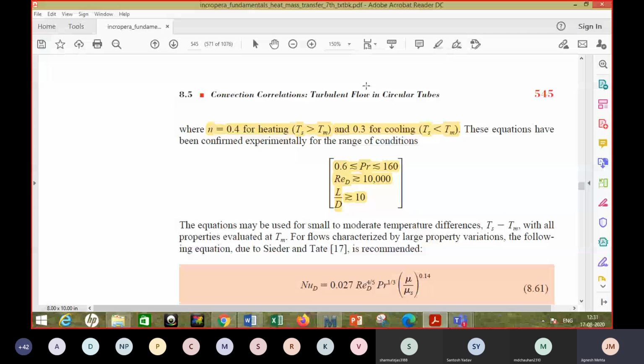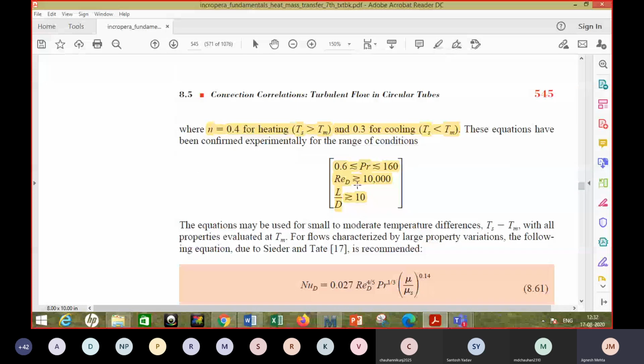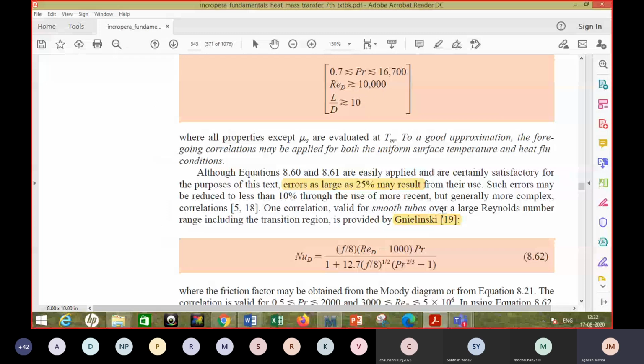So it's told here that errors as large as 25% may result from their use. This Dittus-Boelter correlation is quite old, one of the pioneer correlations that was given, but later on more correlations were given, and they are claimed to be more accurate, like the one by Gnielinski.